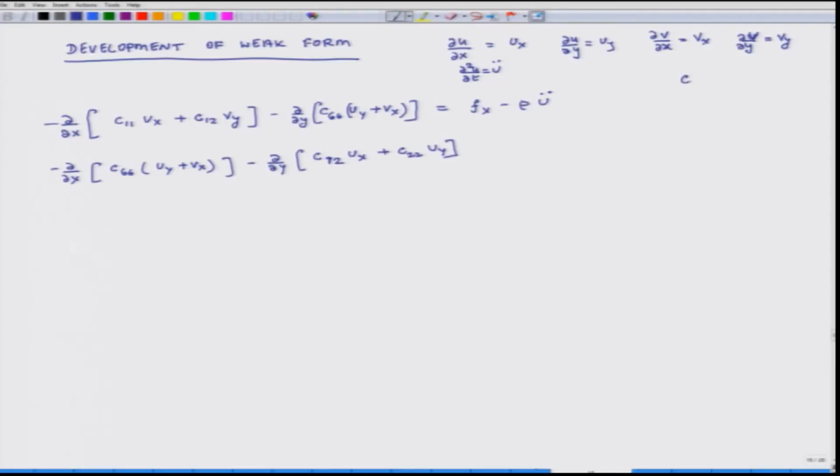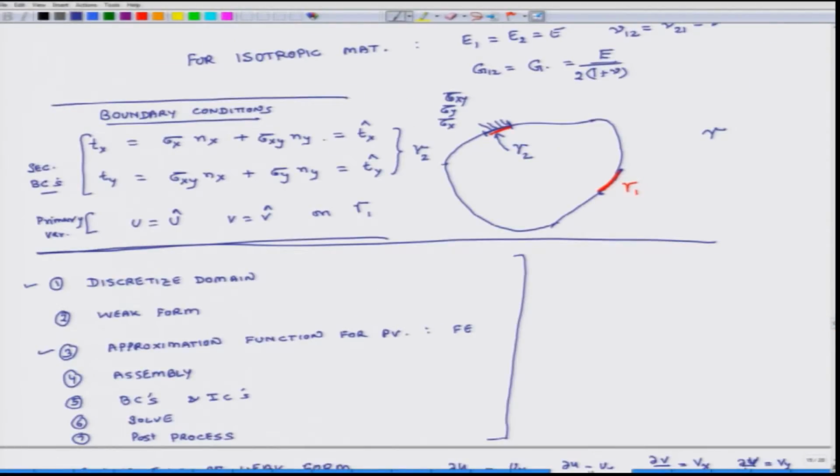Please note that C12 is equal to C21. This is a property of our orthotropic materials. That is why we do not have C21 here, because C12 and C21 are the same. And this is equal to Fy minus rho v double dot, the acceleration in the y direction.